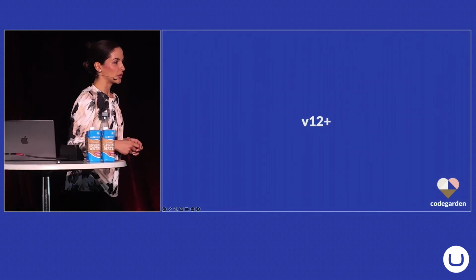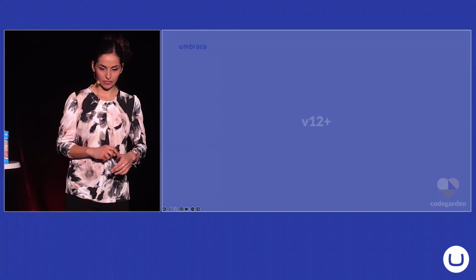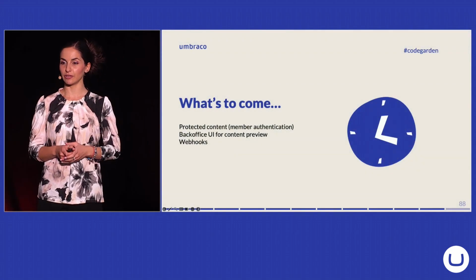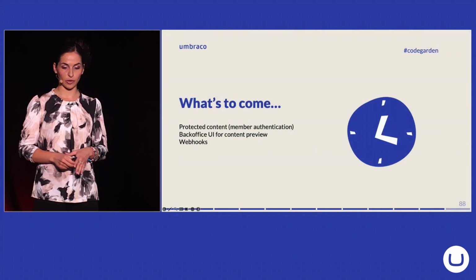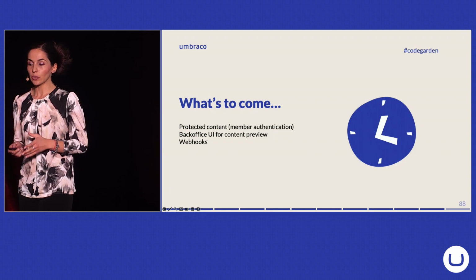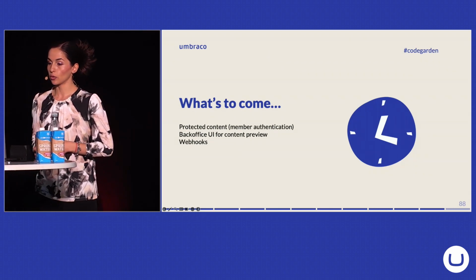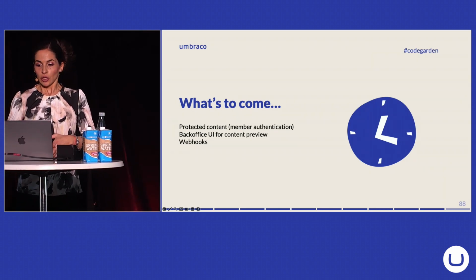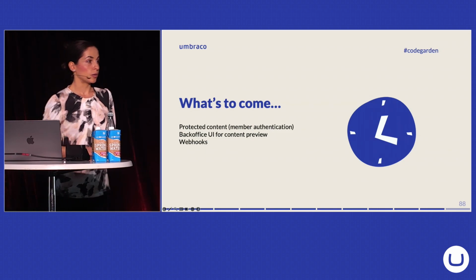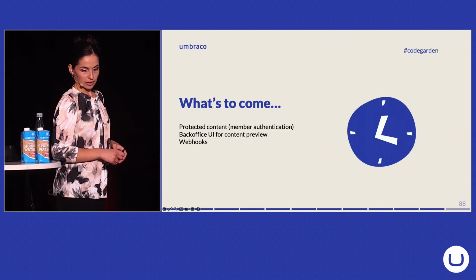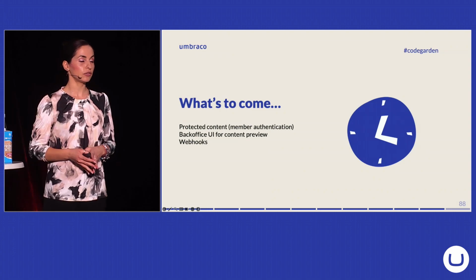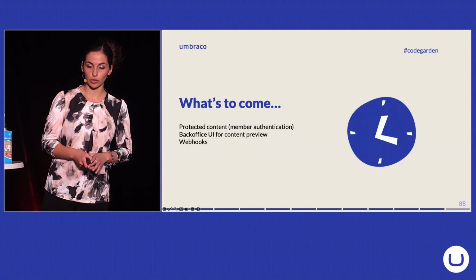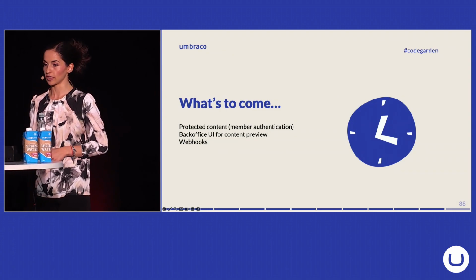And this brings us to the final thing to cover, which is what will come with the Delivery API in the future versions of Umbraco. As I mentioned, we are looking at adding support for member authorization, which will enable us to query protected content. At the moment, the Delivery API does not offer support for preview functionality within the back office.